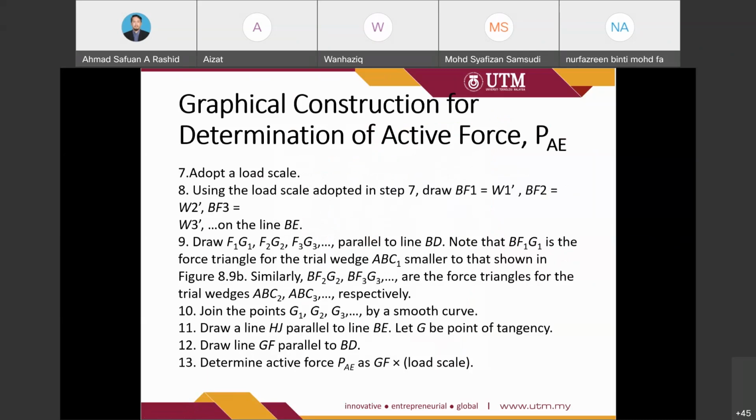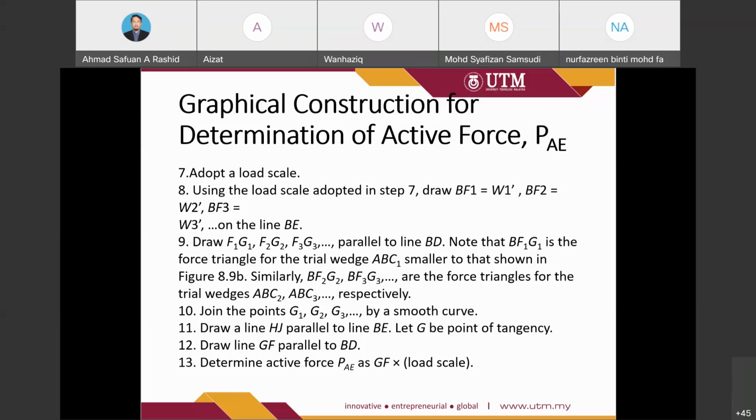Then draw F1G1, F2G2, F3G3 parallel to the line BD. Note that BF1G1 is the force triangle for the trial wedge ABC1, similar to that shown. Similarly, BF2G2 and BF3G3 are the force triangles for the respective trial wedges.